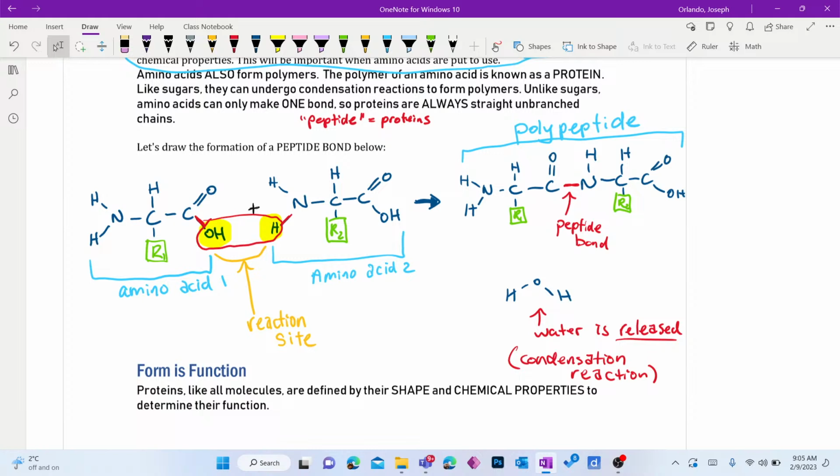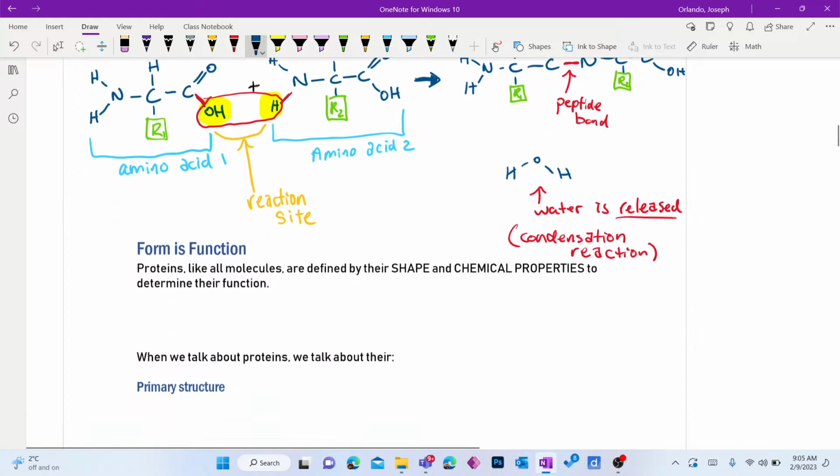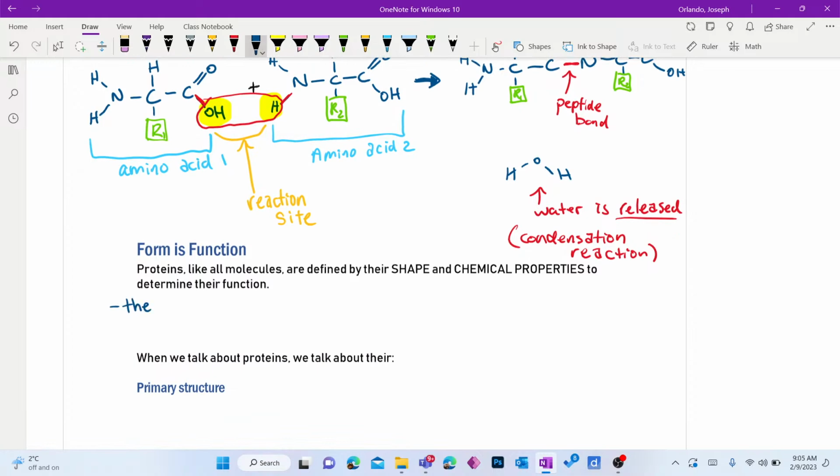And you might be tempted to think that we could branch at this N, have this N bonding to two oxygens, but the geometry doesn't work. It's too tight. If you build it, you'll see there's just not enough space there for that to happen functionally. So we cannot get branched chains with a polypeptide. There's only room for one bond on an amino acid, which I am going to very cleverly write as AA.